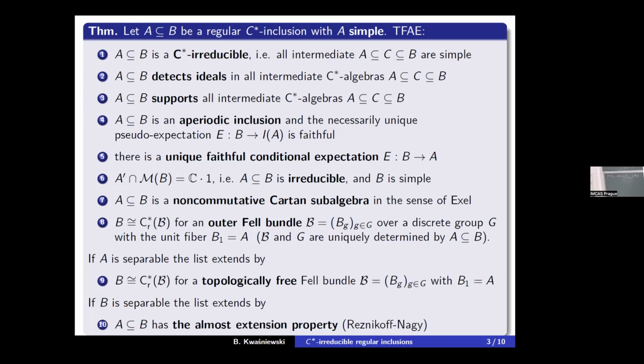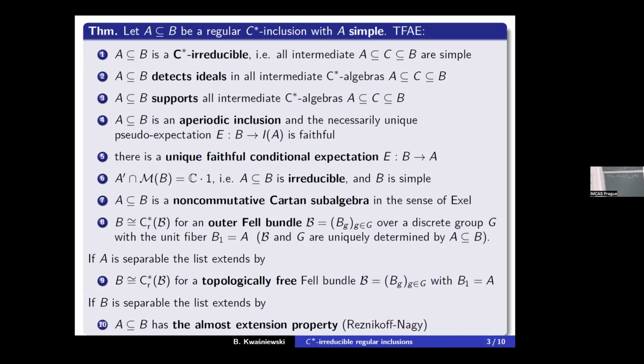Okay, so what if you, for example, given an inclusion A inside B, already given as a Fell bundle, so then, like, for example, the point 8 that you stated says that there exists an outer Fell bundle which represents A inside B. But can you also make it a stronger condition, saying that if you start with a Fell bundle, so the inclusion is already given by a Fell bundle, then this inclusion is C-star reducible if and only if the original Fell bundle must necessarily be outer.